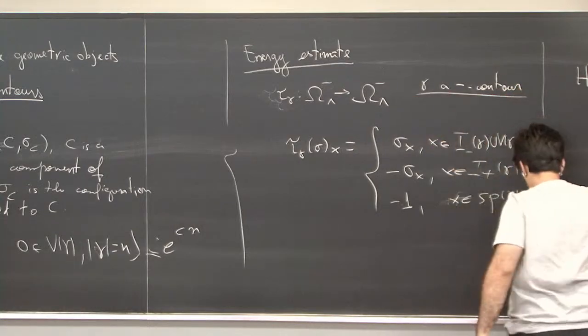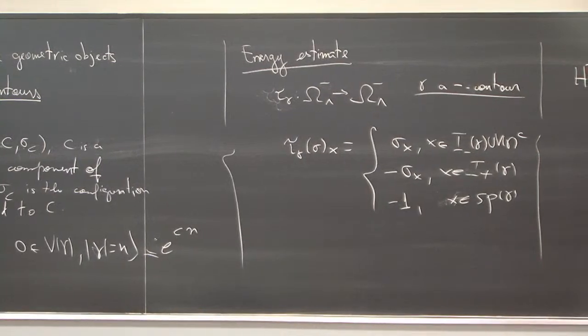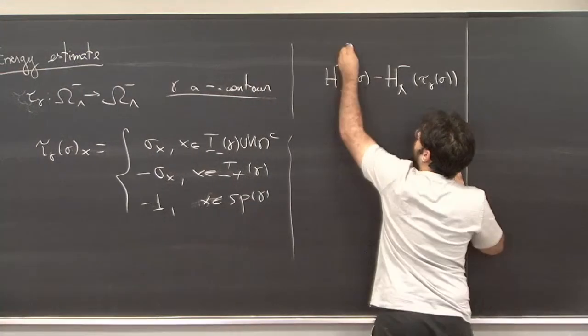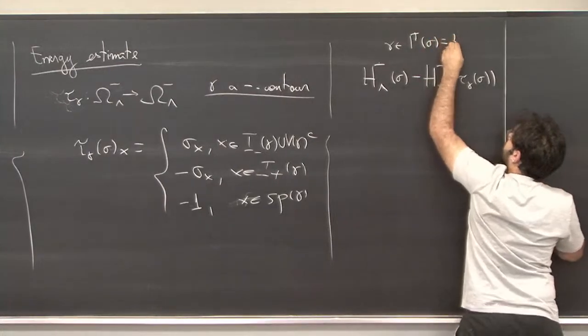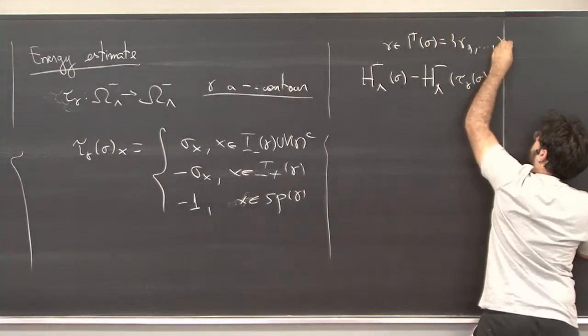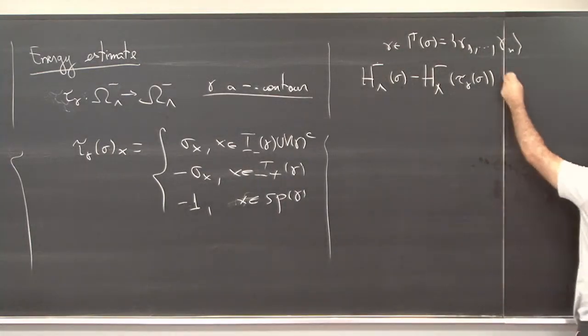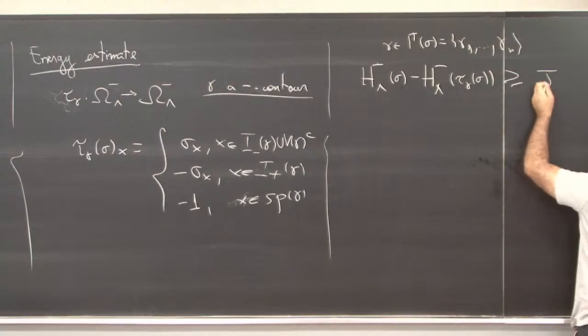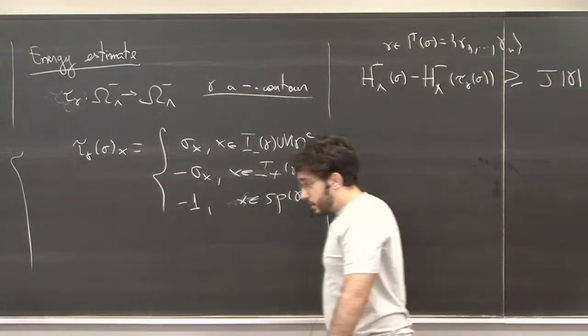Okay, this is important. Then we showed that if gamma is a contour in the family of contours gamma_sigma associated to sigma, then this difference is larger than J times the support. There is no magnetic field.